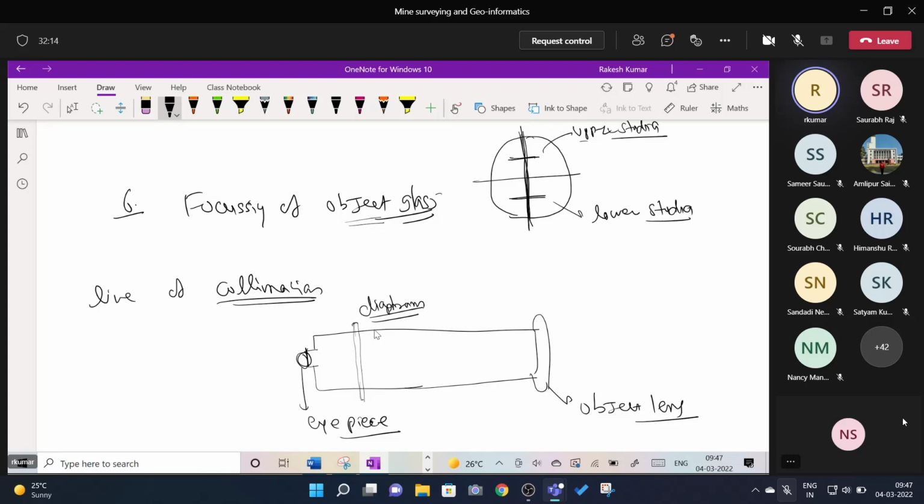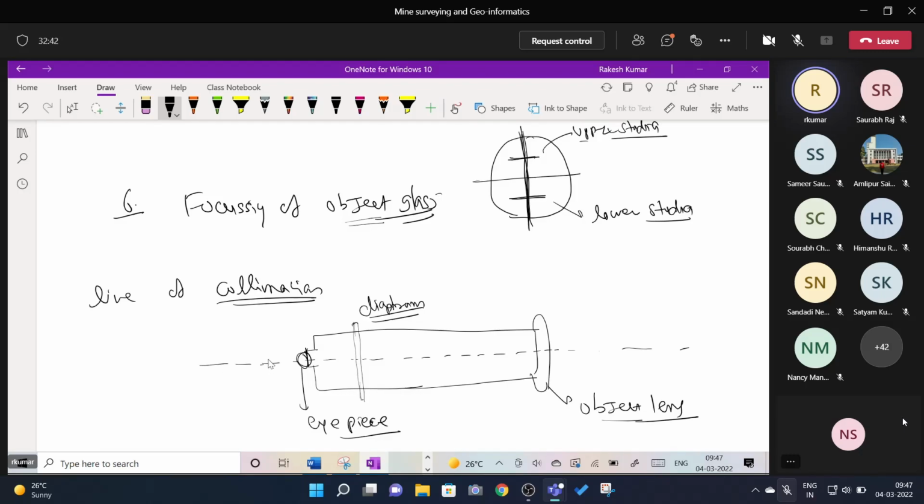Now the line of collimation, if I define it, is an imaginary line passing through the intersection of the crosshair at the diaphragm and the optical center of the object glass, and its continuation. This is called the line of collimation.